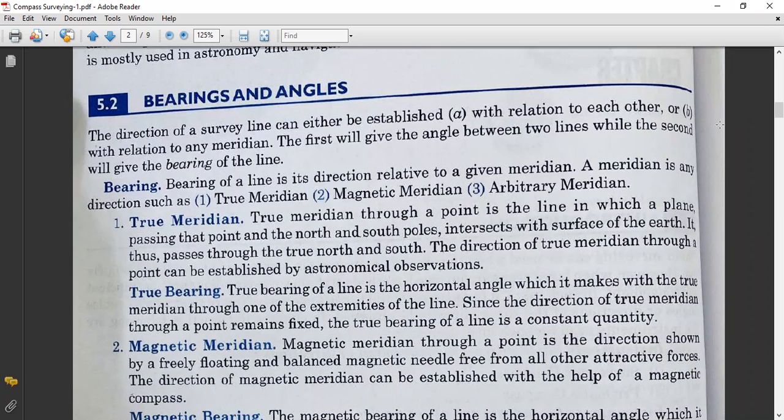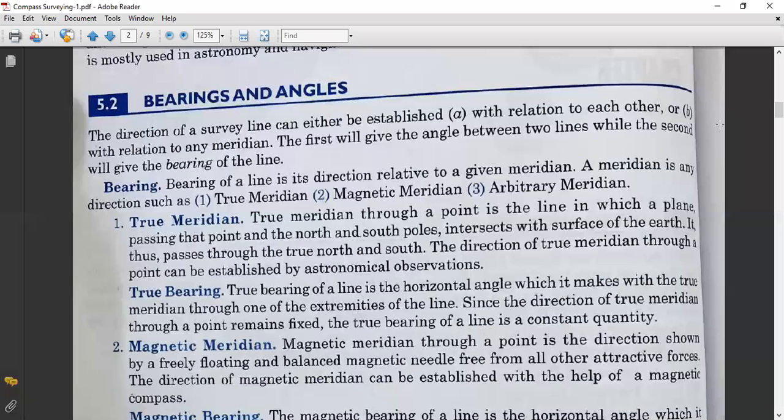So A is the definition for the angle, where the direction of the survey line is with relation to each other. B is the definition for bearing, where the direction of the survey line is with relation to any meridian. Clear? I hope it is clear. If you have any doubt, you can ask.